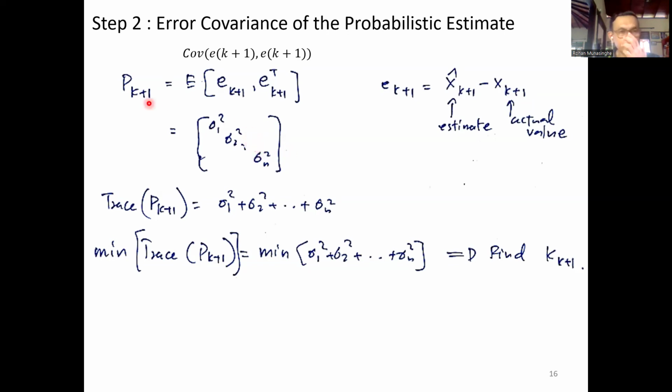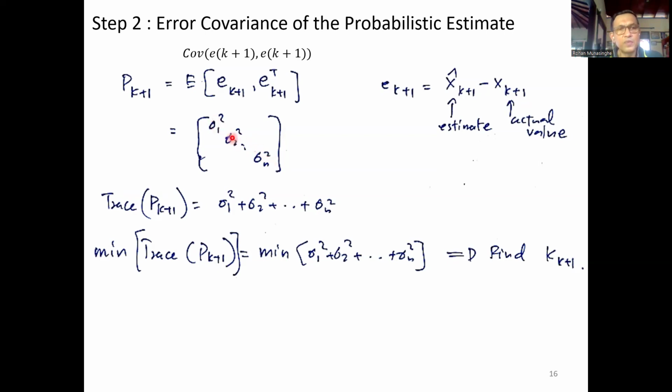So that is P, the covariance matrix. Now, if these numbers are big, it is a big covariance. If the numbers are small, it's a small covariance. So how big or how small is the issue now? We want to reduce it as much as possible.